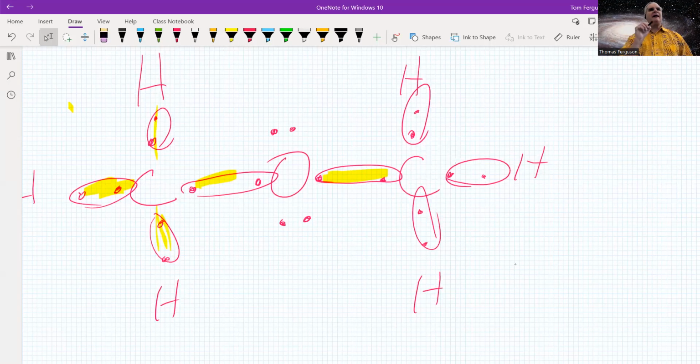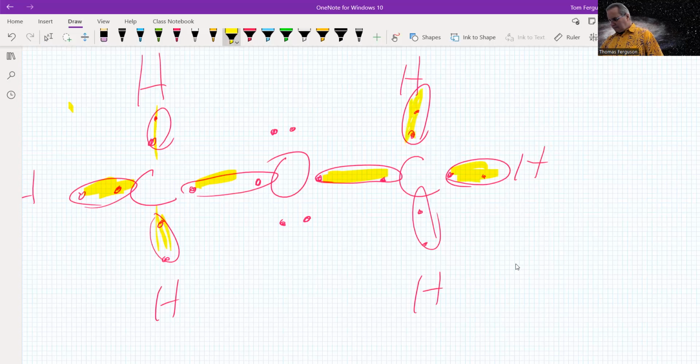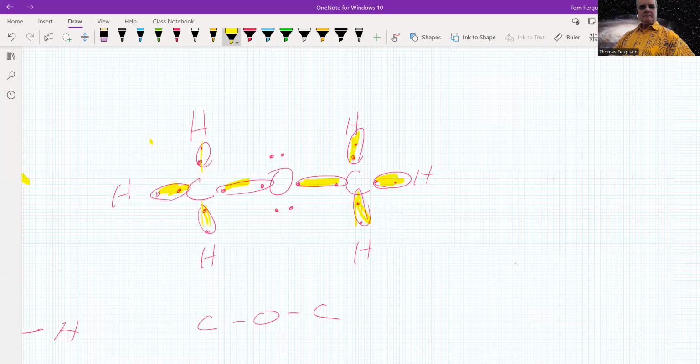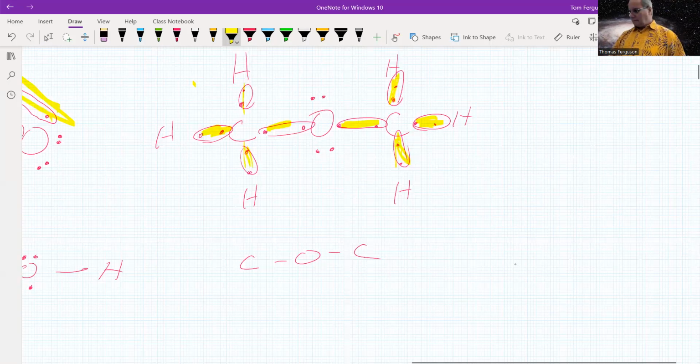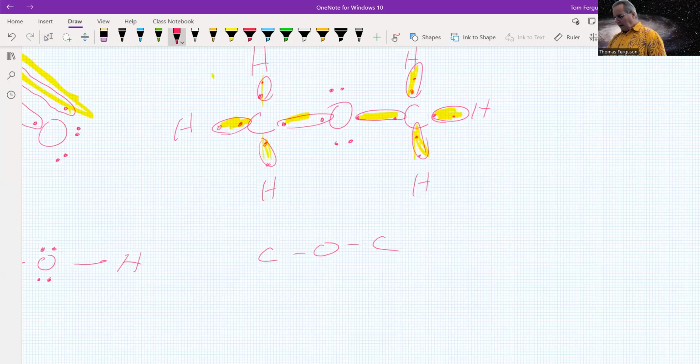And notice I'm double counting them when I go to the adjacent atom over, because we're sharing those electrons. That's why you're double counting them. Then we go over to the right-hand carbon, 4 bonds there. Okay. So that's a legal structure.